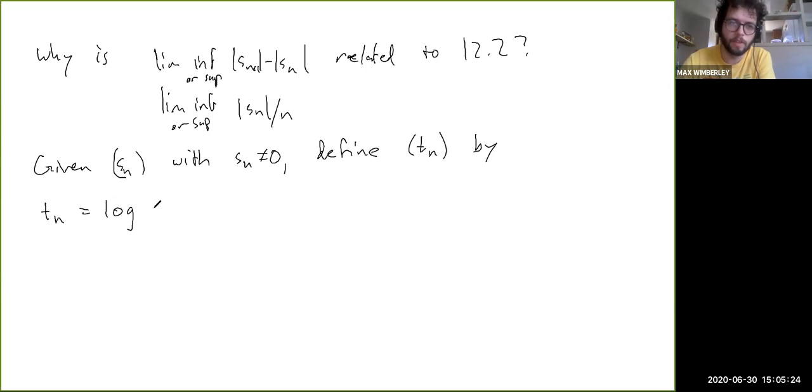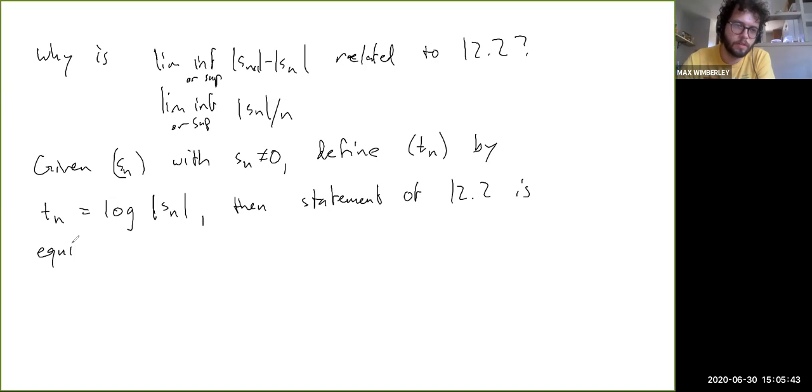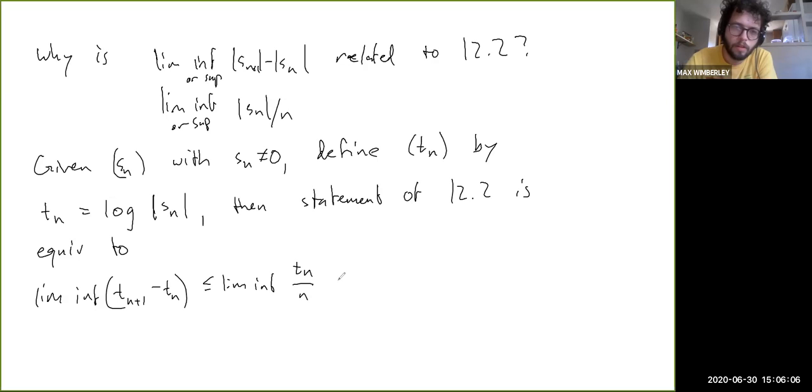If you take Tn to be the logarithm of the absolute value of Sn, then the statement of 12.2 is equivalent to the statement that the lim inf of Tn plus 1 minus Tn is less than or equal to the lim inf of Tn over n, less than or equal to the lim sup of Tn over n, less than or equal to the lim sup of Tn plus 1 minus Tn.